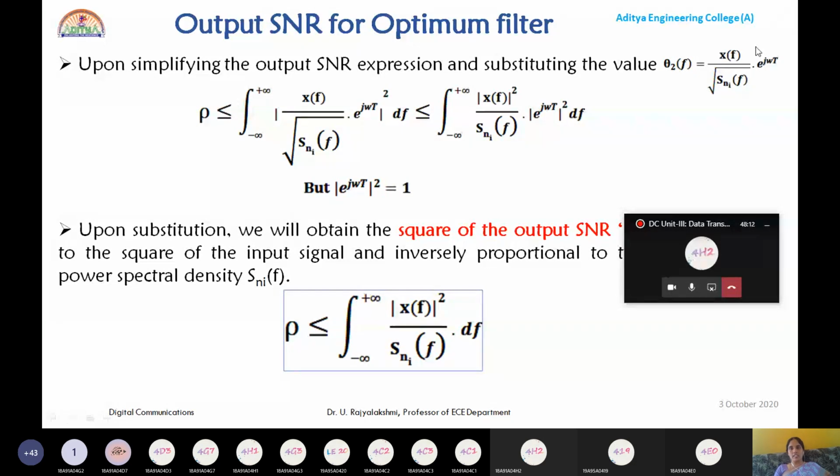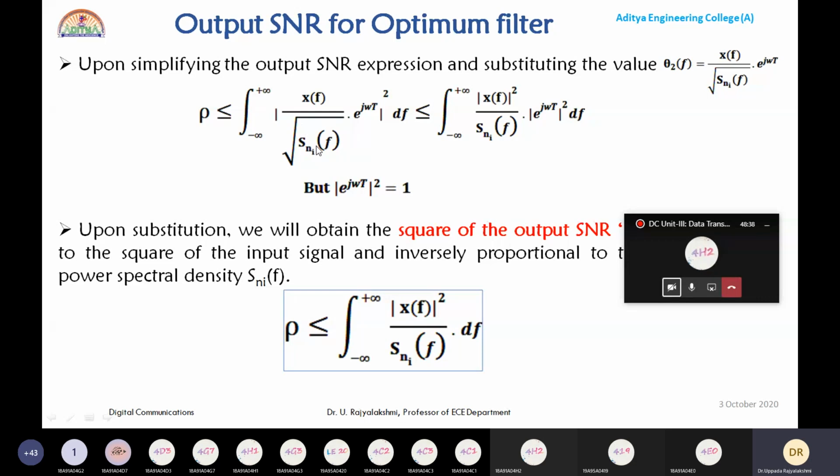Now please square this term, which gives X of f whole square. I substituted theta 2 of f in the expression of rho: rho is less than or equal to the integral from minus infinity to plus infinity of X of f whole square divided by Sni of f.